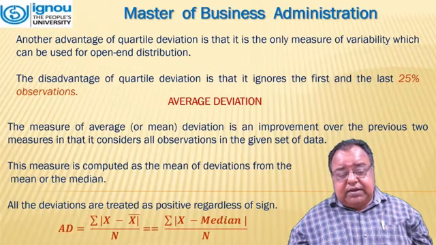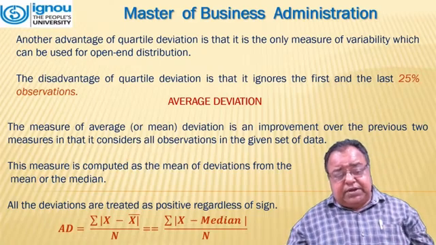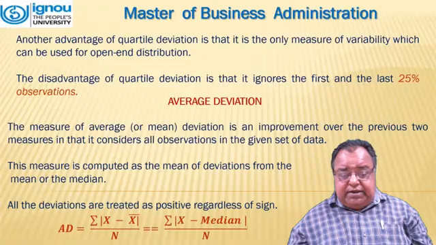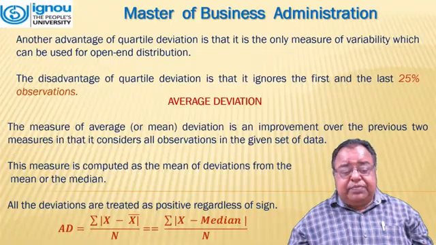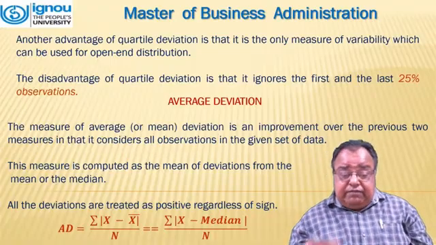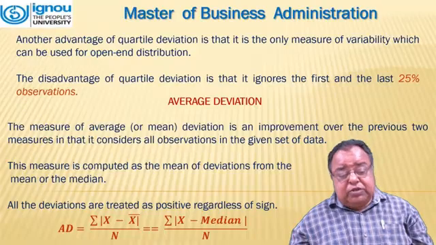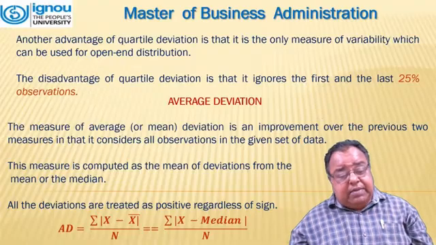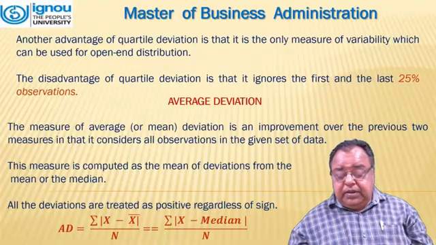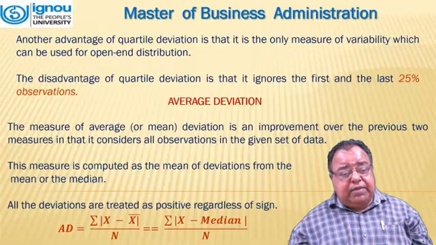That is why you can see that after summation, we have used the mod sign. That means the difference of x minus x bar, whether it is plus or minus, will remain positive, divided by n. If we are talking in terms of the mean, it will be the sum of |x minus x bar| by n, and if we are evaluating in terms of the median, it will be the sum of |x minus median| by n. In both cases, the number will be positive.